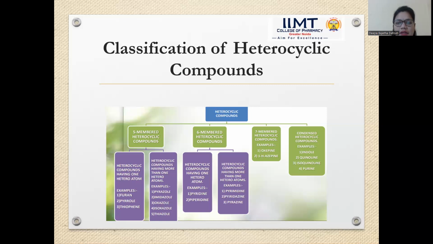And condensed heterocyclic compounds are compounds in which heterocyclic rings are fused together with other rings, either carbocyclic or heterocyclic. Some examples are indole, quinoline, isoquinoline, and purine.